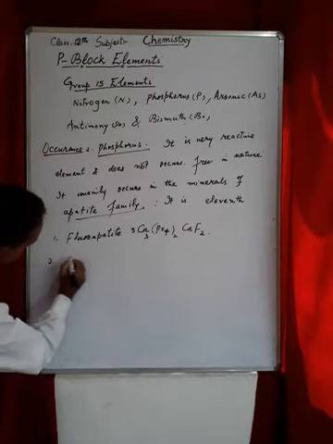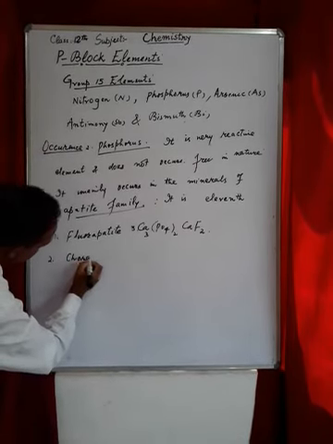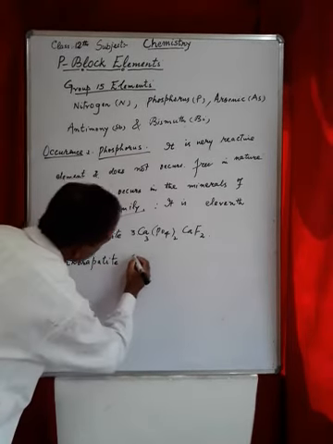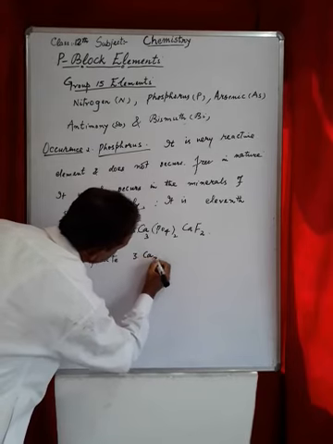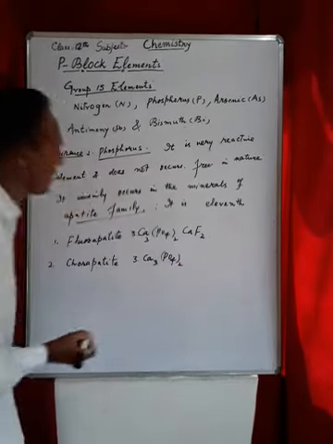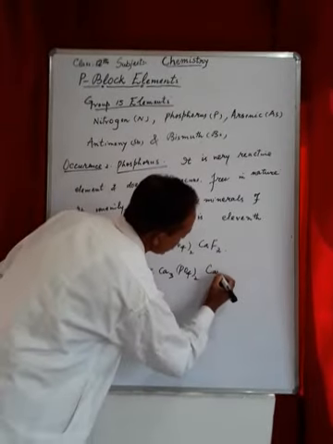Number second is chlorapatite, Ca3(PO4)2·CaCl2.